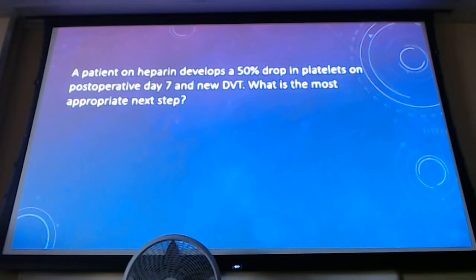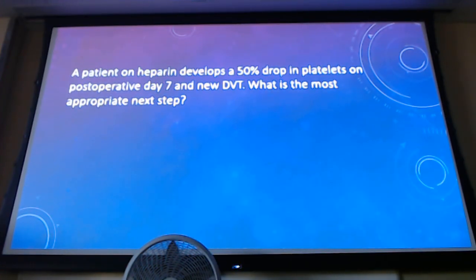Alright, they're on post-op day 7, they're still in the hospital, what are they on? Heparin or Lovenox, right? To prevent DVTs. Now she has a 50% drop of platelets. What does heparin cause? Thrombocytopenia, which is low platelets.